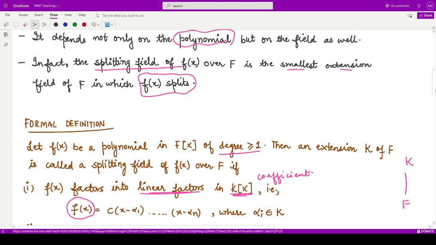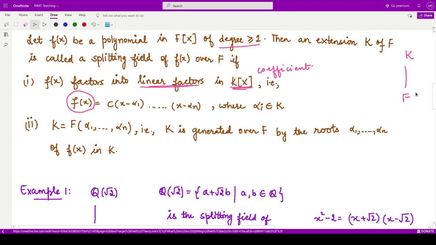So the definition for this splitting field is, if we have some polynomial f of x which has degree greater than or equal to 1, then K is known as the splitting field if we can factor that polynomial into linear factors, where the coefficients of this factorization come from this field K, and moreover we can write the extension field K as F adjoined with some n elements, and these n elements are nothing but the roots of that polynomial in K. So this is the definition of splitting field.